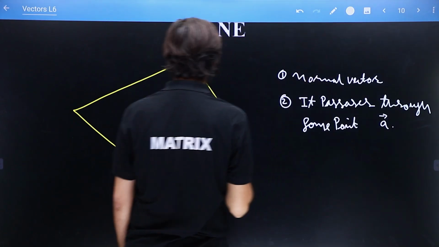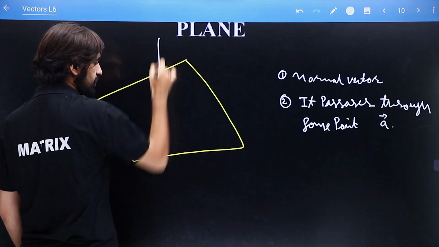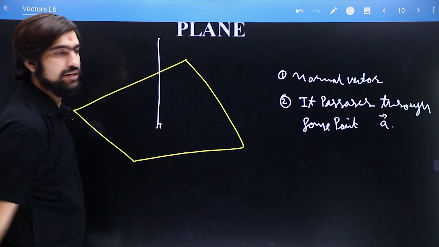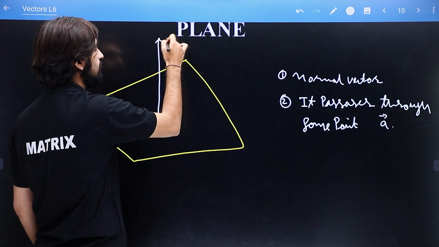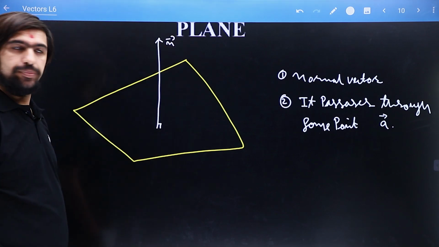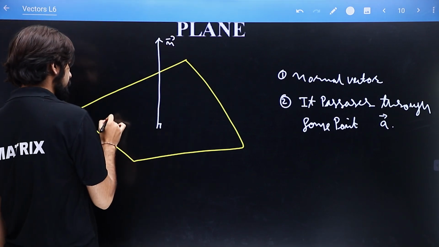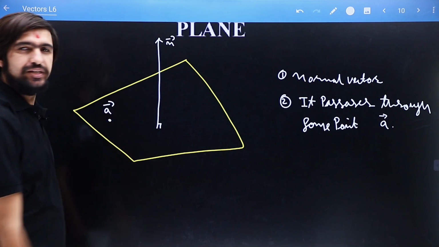There is a normal perpendicular to it; I cannot show it in 3D, but let's say this is coming outside. So this is your n vector. This is your point vector A from which the plane is passing.